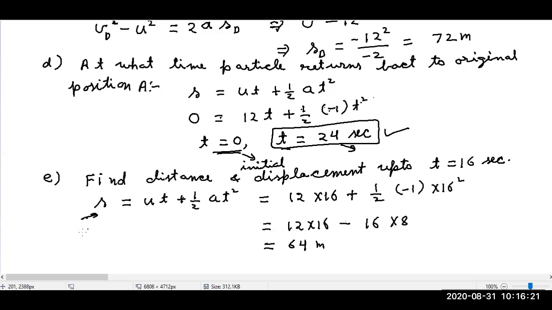The formula is for displacement. So we are getting displacement up to 16 seconds is 64 meters. So what will be distance now? What is the basic difference between displacement and distance? If the particle is moving in a straight line, then we need to see only one thing for separating distance and displacement.